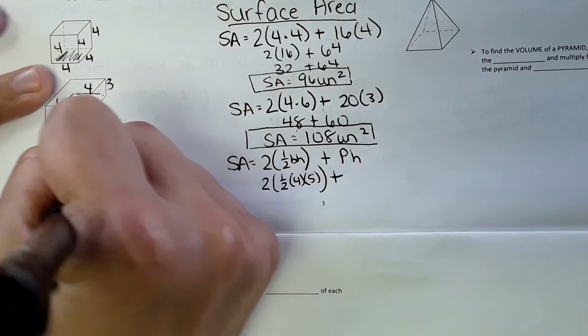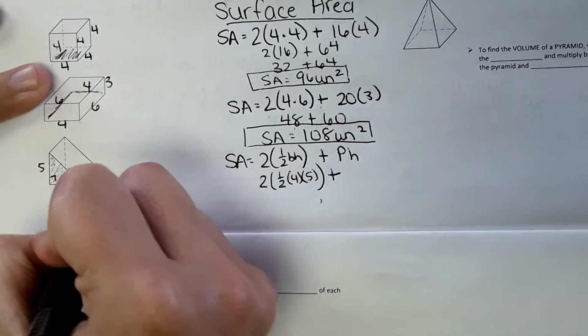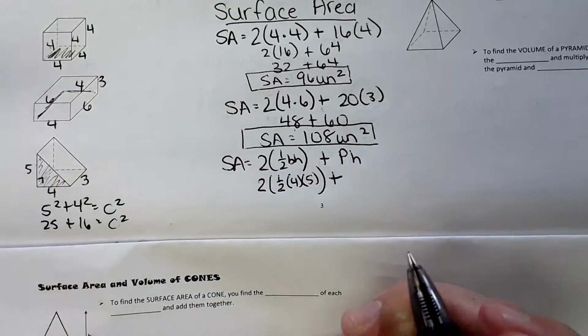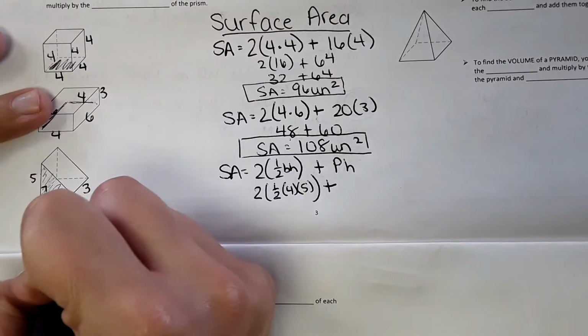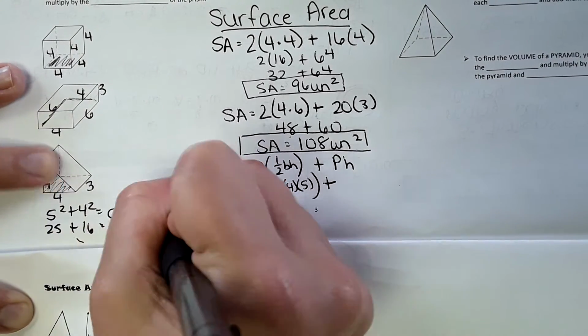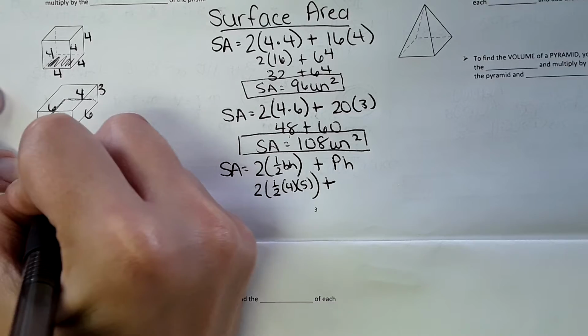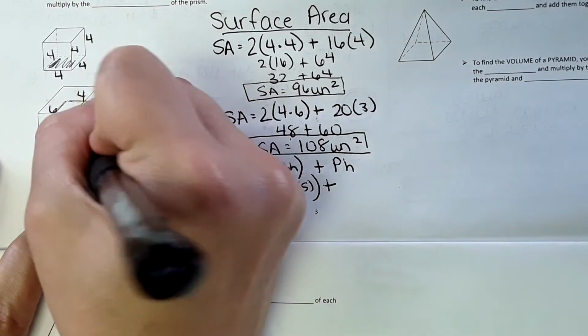So 5 squared plus 4 squared equals c squared. 25 plus 16 comes out to 41. So c is square root of 41, which, if I plugged it in a calculator, comes out to 6.4 something.